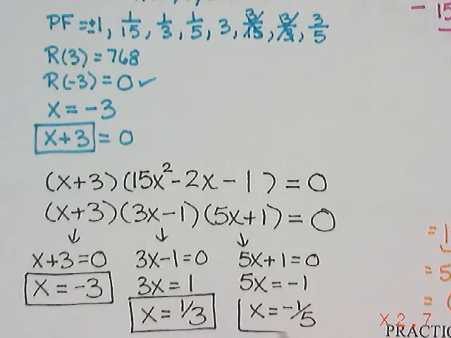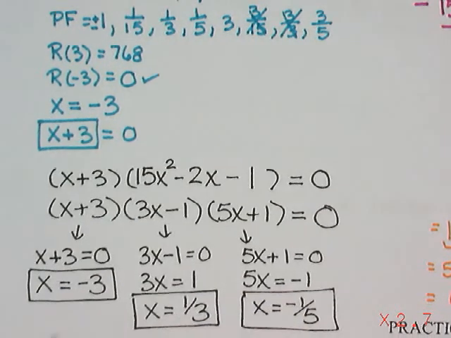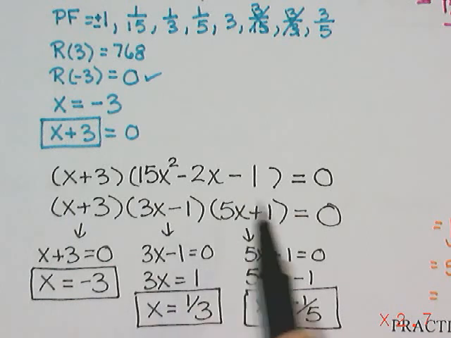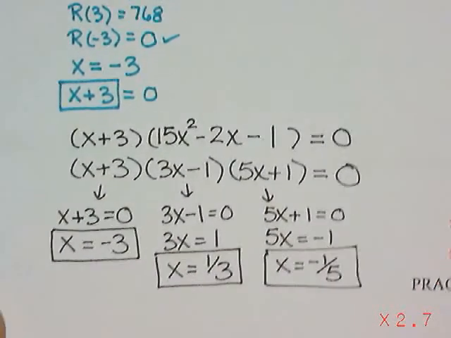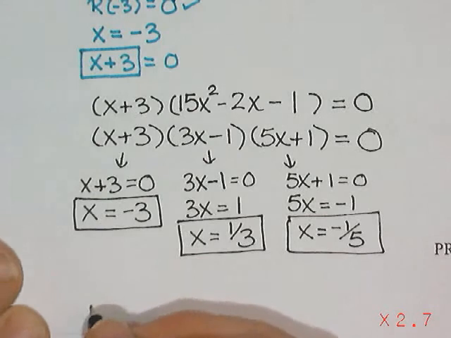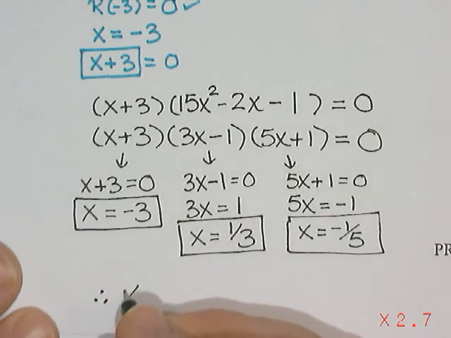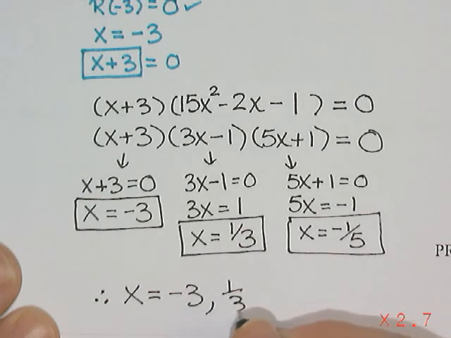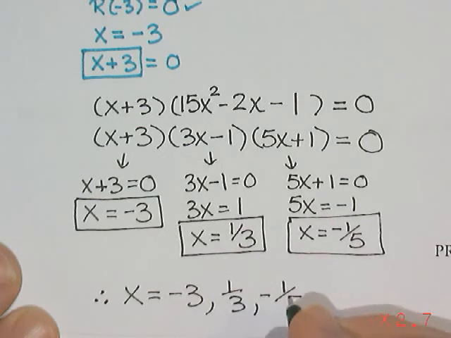So I have x equals negative 1/5. Same thing, if you could look at this and know that it's x equals negative 1/5, you can just write that. I don't have a problem with that. So I am just going to finish off with a little therefore. X could be negative 3, it could be 1/3, or it could be negative 1/5.